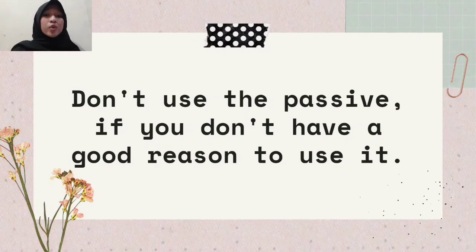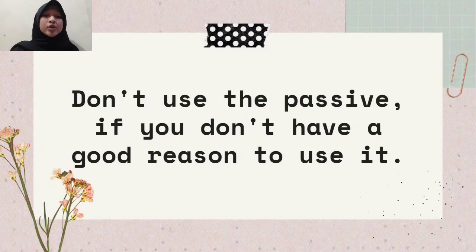But there's one more important point. Many problems English learners have with the passive happen because they overuse it. Here's the important point. Don't use the passive if you don't have a good reason to use it. If you use the passive, especially when you're writing, think about why you're using it.